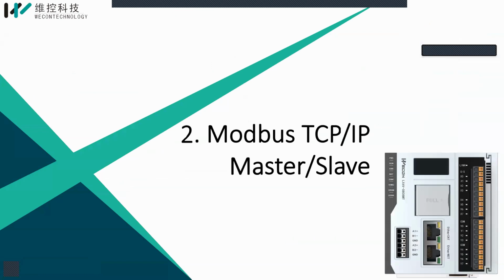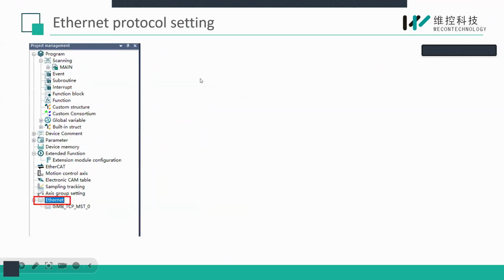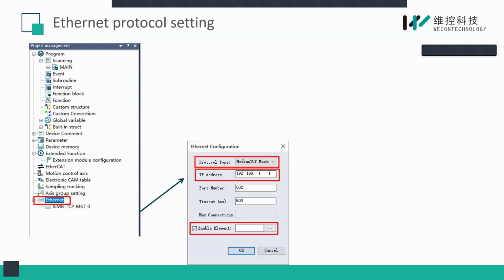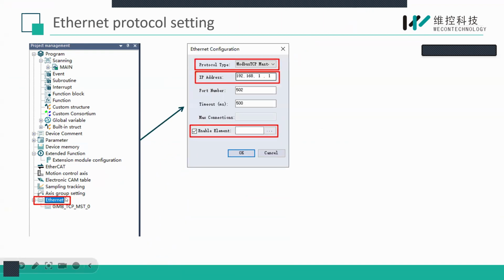So let's begin the next topic about the Modbus TCP master and slave. First, we can see the Ethernet protocol setting in our program tree, and we double click it.